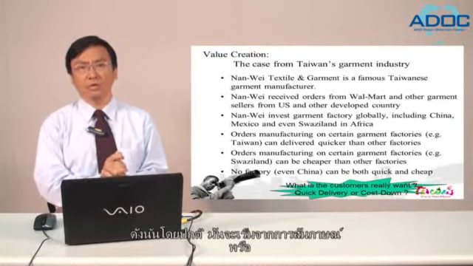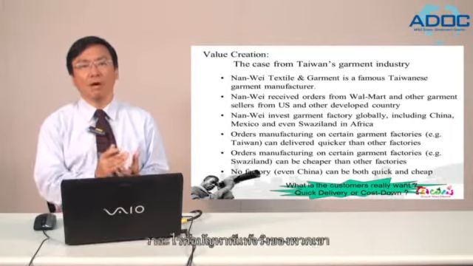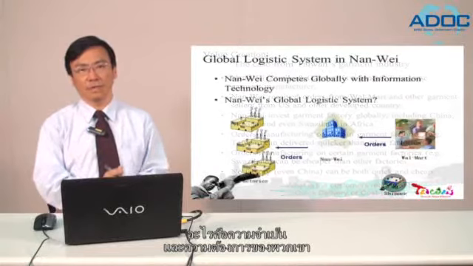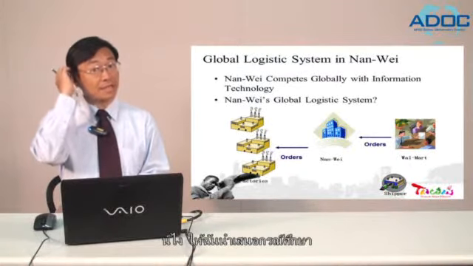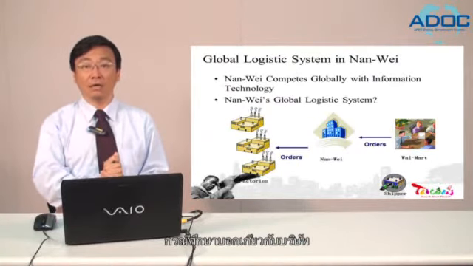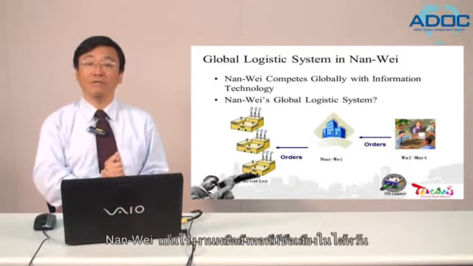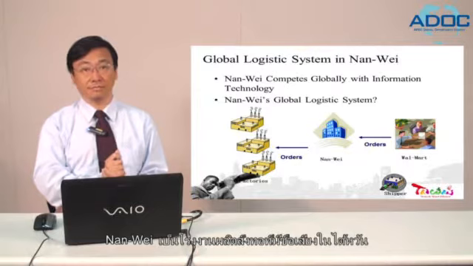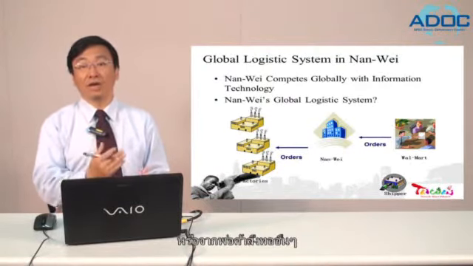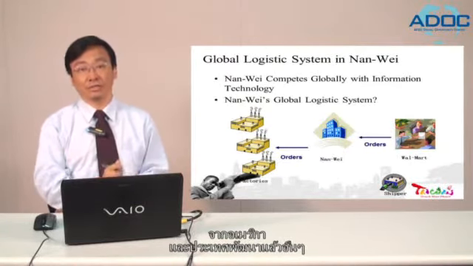So usually, it will start from interviewing or observing your customer about what their real problem is, what their needs and wants are. Here, let me present a case from Taiwan's garment industry. The case talks about a company called Nanwei Textile and Garment. Nanwei is a famous Taiwanese garment manufacturer. This company receives orders from Walmart or from other garment sellers from the United States and other developed countries.